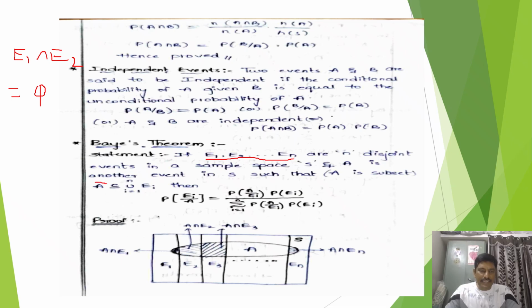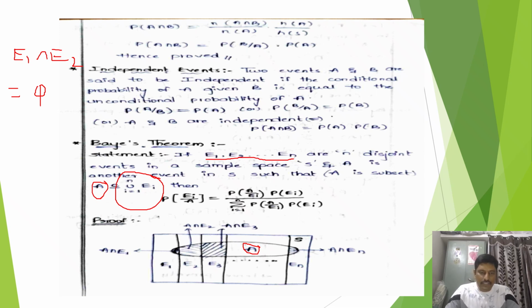A is an event such that it contains the union of E1 to En. That means some part of A, so this is the total A. Some part of A must be contained in E1, some part of A must be contained in E2, some part of A must be contained in E3, and so on, some part of A must be contained in En.